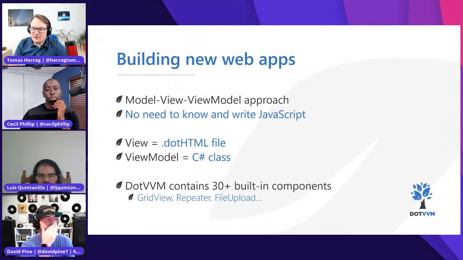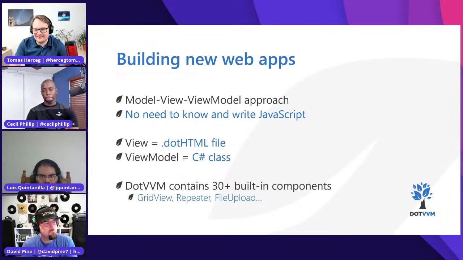And how it works: basically every page in .vvm has two files. First is HTML, which is using classic HTML syntax with a few syntax flavors. We will see them in a demo. And the view model is a C# class. So basically you will declare properties to represent the state of the page, and also the methods which can be called from the page.